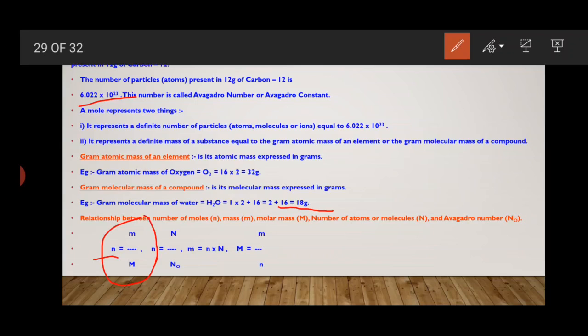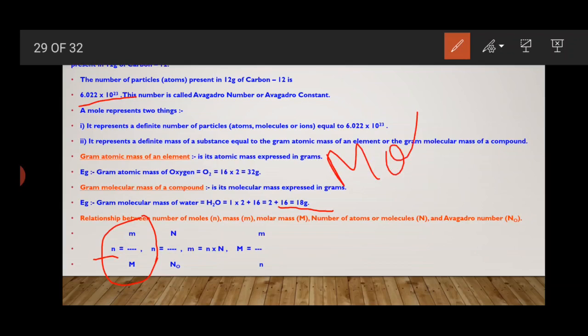So in order to find the number of moles, we apply this formula: mole equals given mass upon molecular mass, or gram molecular mass or gram atomic mass. Similarly, to find the number of particles or atoms, mole is equal to given number of molecules upon Avogadro number. By this, we are able to calculate the number of particles involved in any chemical compound.